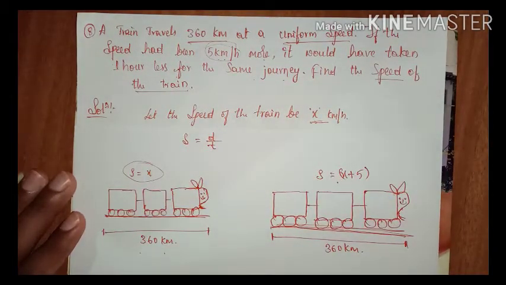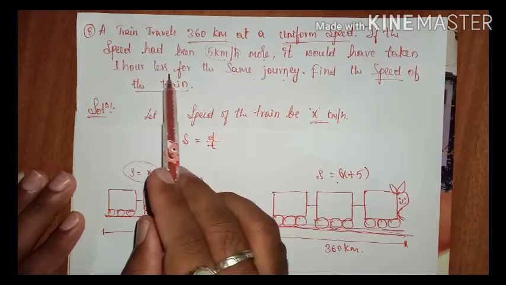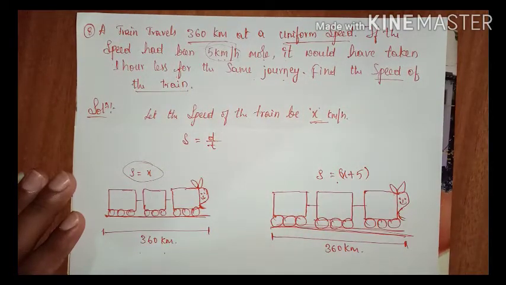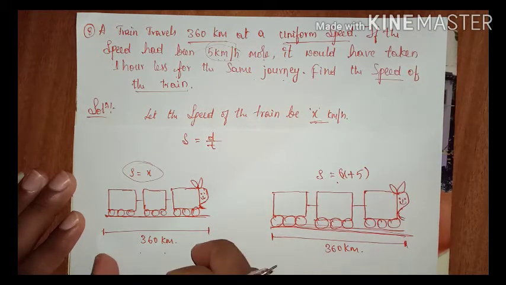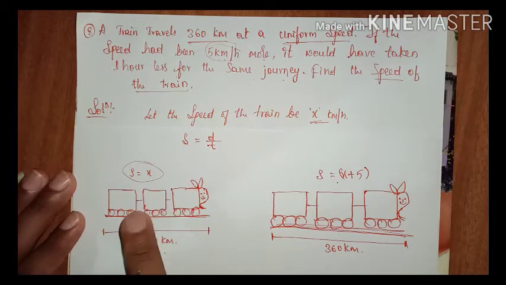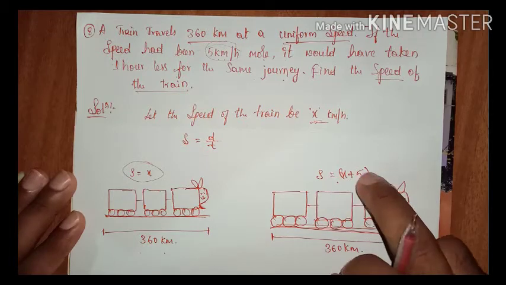Now what exactly do I have to take here? He has given that it would have taken 1 hour less. So think practically. The two trains are traveling the same distance, 360 kilometers, but the speed of the first train is x and the second train is x plus 5.